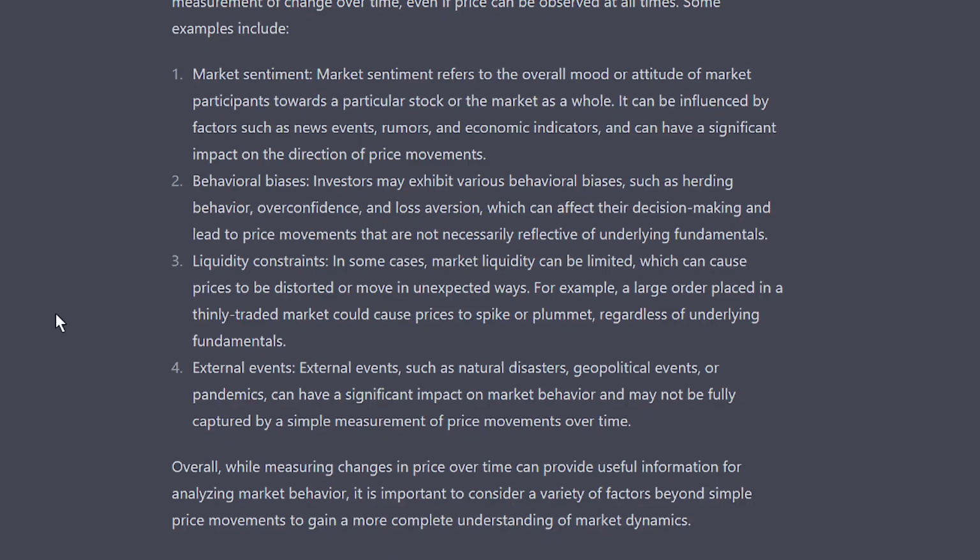For example, a large order placed in a thinly traded market could cause prices to spike or plummet, regardless of underlying fundamentals. External events. External events such as natural disasters, geopolitical events, or pandemics can have a significant impact on market behavior and might not be fully captured by a simple measurement of price movement over time. Overall, while measuring changes in price over time can provide useful information for analyzing market behavior, it is important to consider a variety of factors beyond simple price movements to gain a more complete understanding of market dynamics.